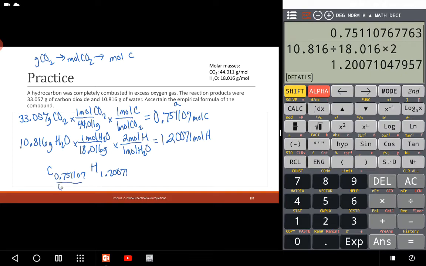The carbon is the smaller of the two, and so I'm going to divide both sides by the smaller amount.